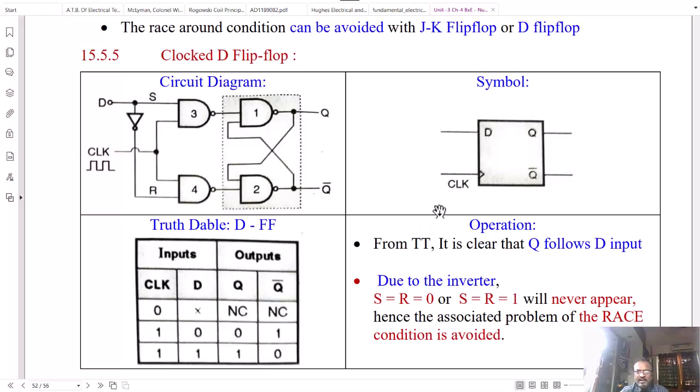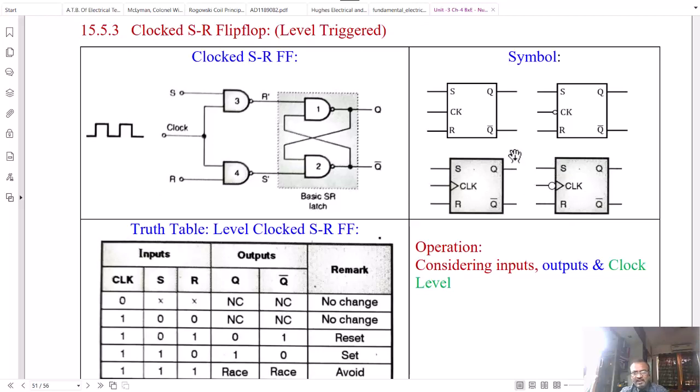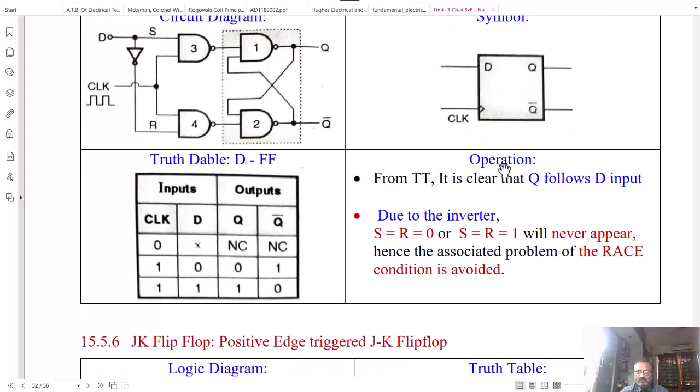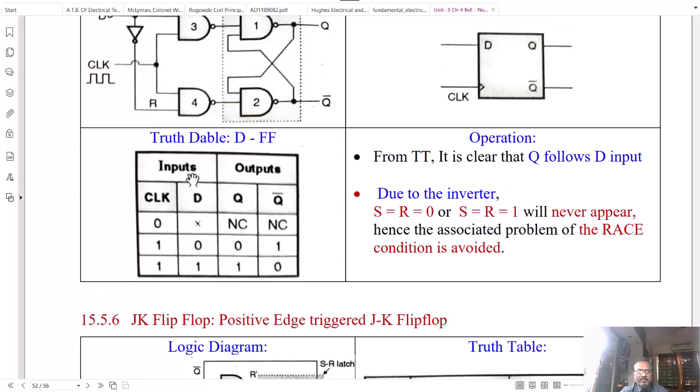If there is a triangle and bubble present on the clock, it becomes a negative edge triggered flip-flop. If there is no triangle, then it can be positive level triggered. And if bubble is present, as shown here, if bubble is present only, then it is a negative level triggered flip-flop. The truth table of D flip-flop is shown here.